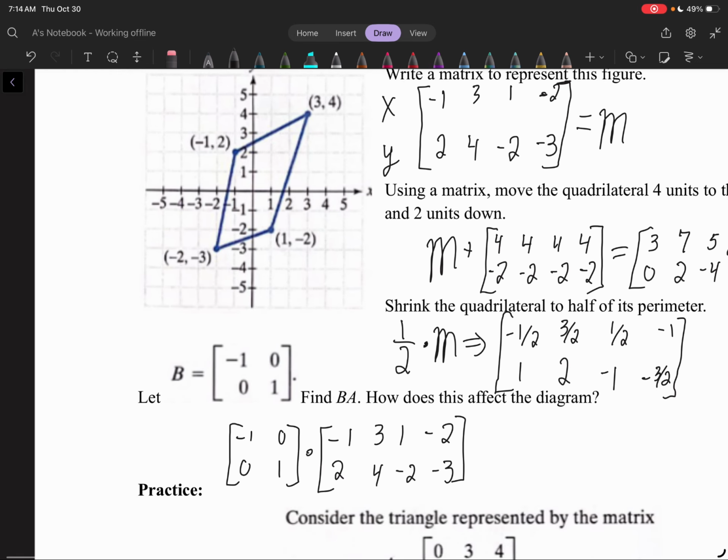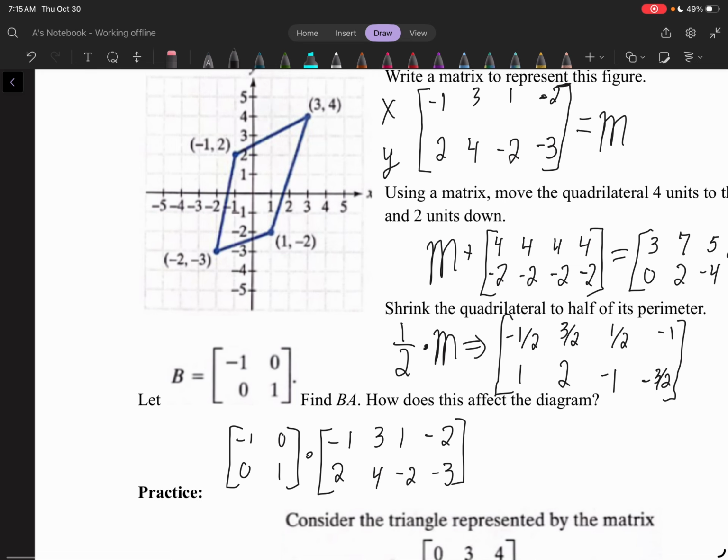I do want to point out the first thing you should check: does this actually work before you start? B is a 2 by 2. I am multiplying this by A, which is a 2 by 4. My result will be a 2 by 4. These matched, I'm good.